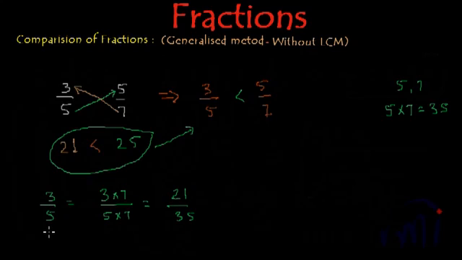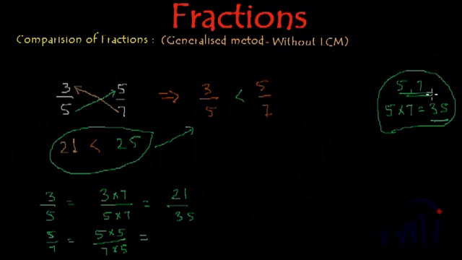And 5 by 7 can be written as 5 multiplied by 5 divided by 7 multiplied by 5. This 5 we are multiplying in numerator and denominator both. Why? Because 35 divided by 7 gives us this 5. And here we are aiming to make their denominators 35, which is the LCM of 5 and 7, right?